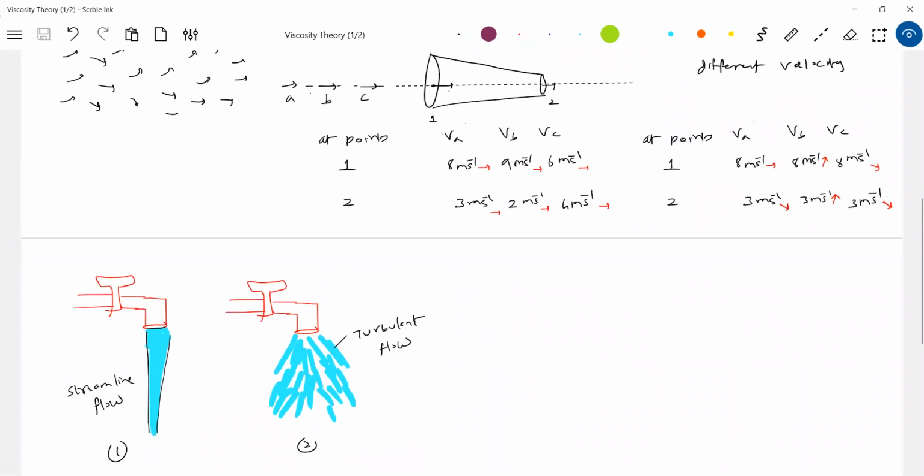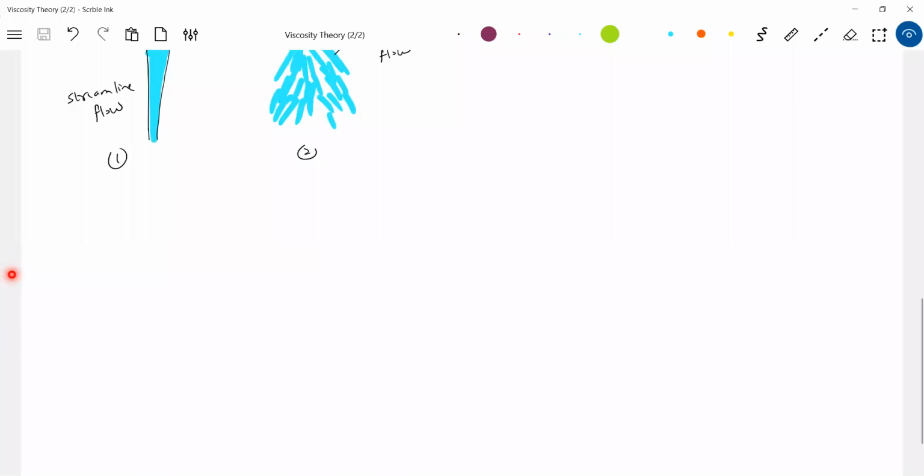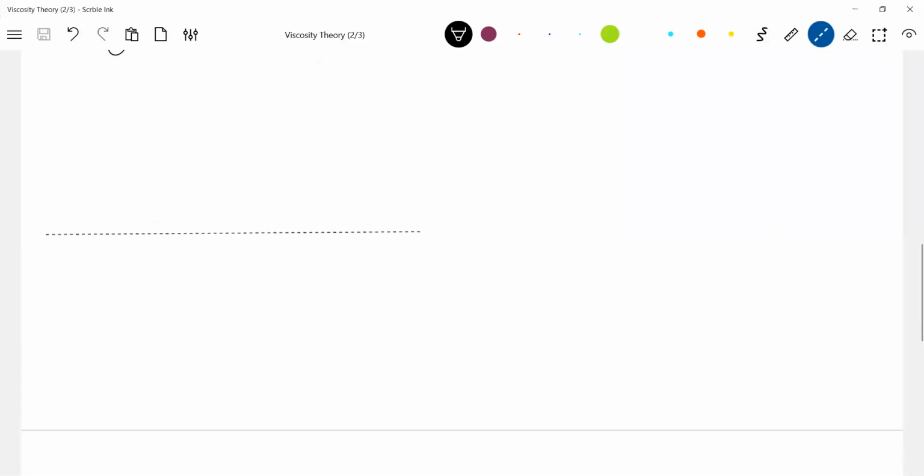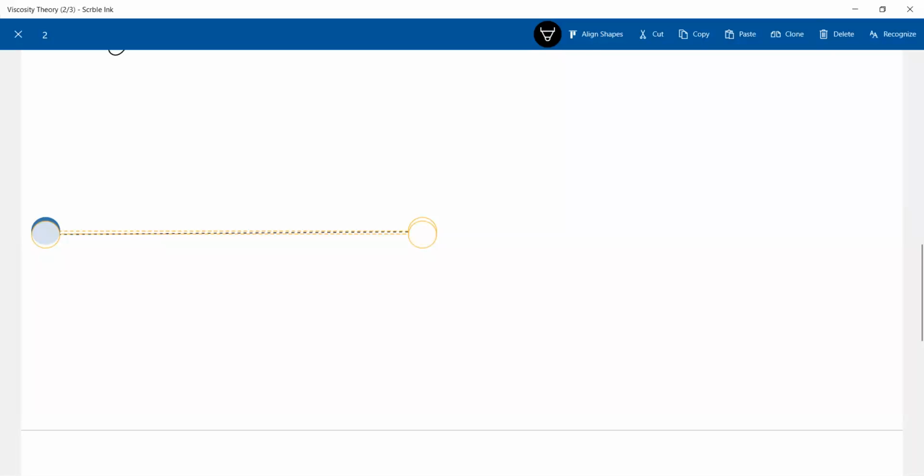Okay, let's get into it. We are starting viscosity now. So if you look at the liquid, different layers of liquid will be there.